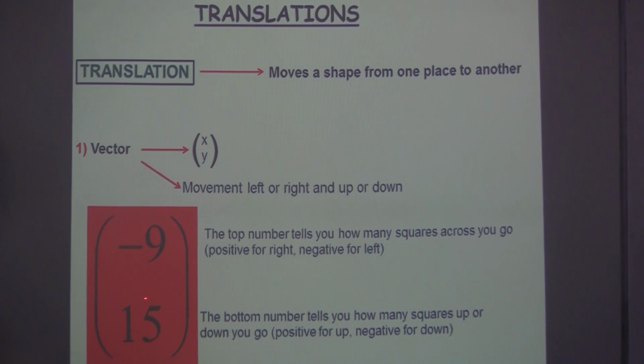So we said this number here at the bottom, the y value, tells you if you're moving up or down. So if it's a positive number, which 15 is, it means you move upwards. And if it's a negative number, you move downwards. So this vector means I move 9 spaces to the left and 15 spaces up. And that will be the new position of my shape.